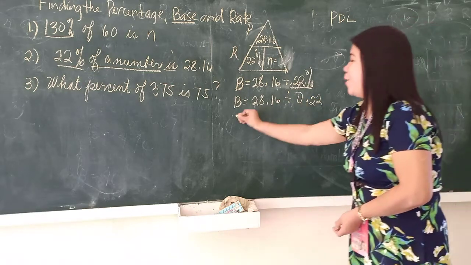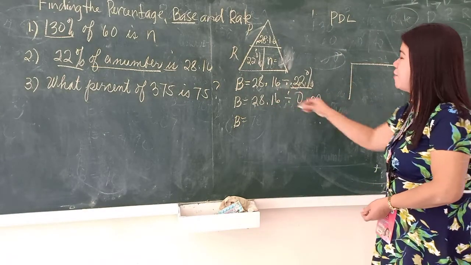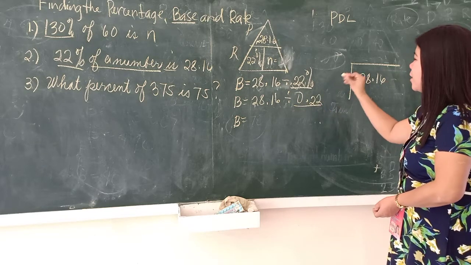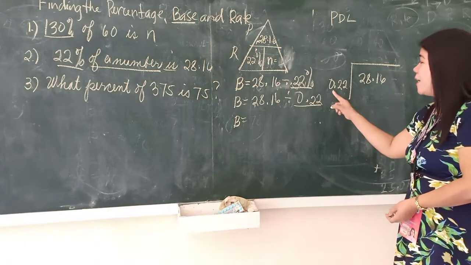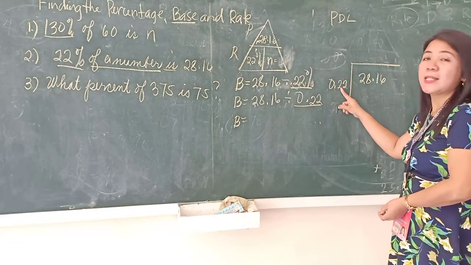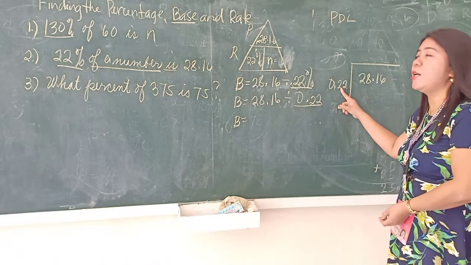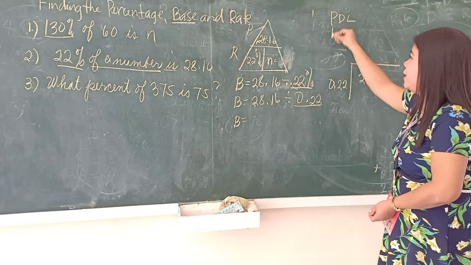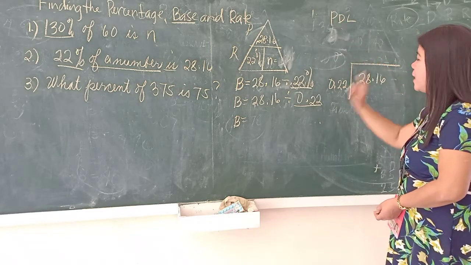Okay? Pwede na pa, divide. Anong susunod? Your dividend is 28 and 16 hundredths. The divisor is 22 hundredths. Again, your divisor is a decimal number. So, imuunta siya, whole number. Move lang to the right. Okay, decimal to whole number, move to the right.